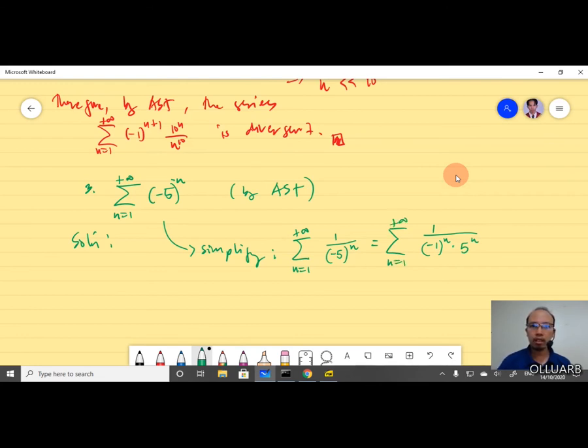Okay, this is basic. You can recall your algebra here. ab raised to the power of n is a to the n times b to the n. So our a here is negative 1 and our b is positive 5.